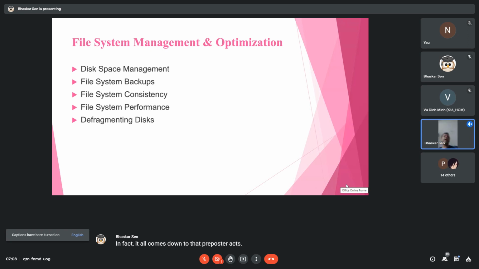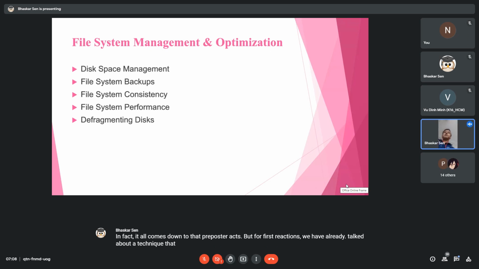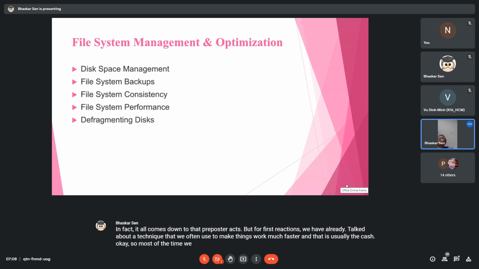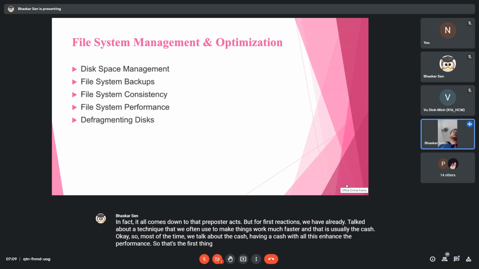For faster access, we already talked about a technique that we often use to make things work much faster, and that is usually the cache. Most of the time we talk about the cache. Having a cache will always enhance the performance. So that's the first thing that we talk about.